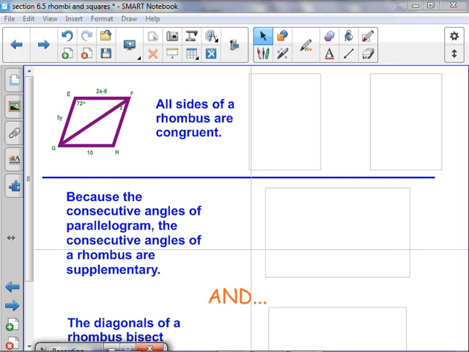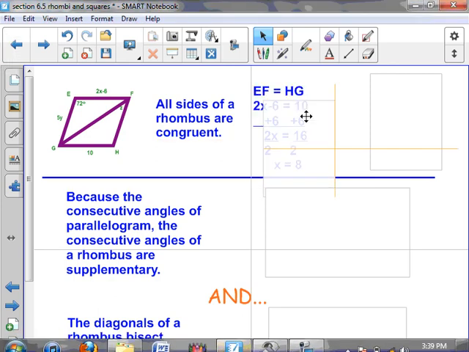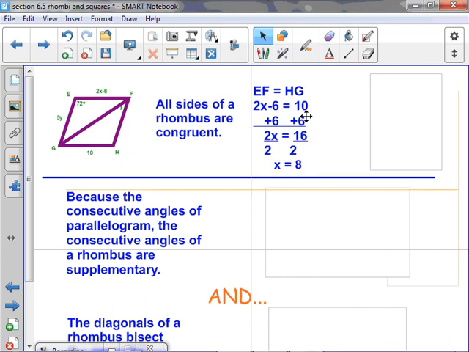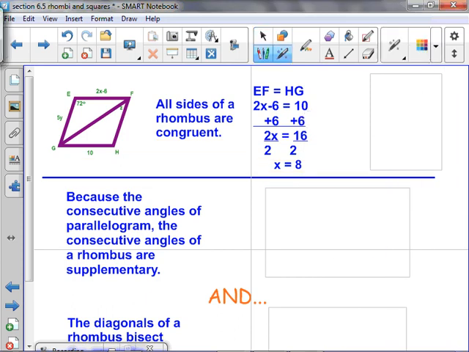So you know that EF must equal HG. That is to say that this and this must be the same. So we've got 2x minus 6 equals 10, and we can solve for x there, and we get that x equals 8.